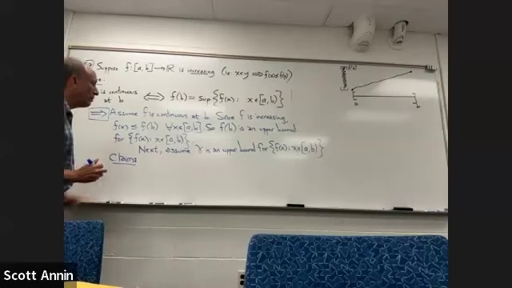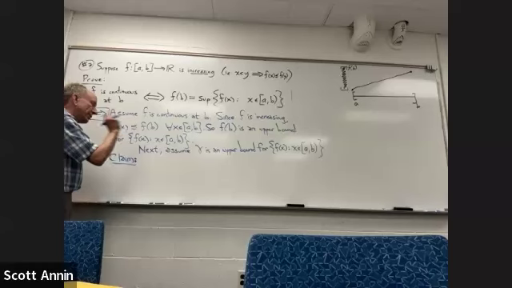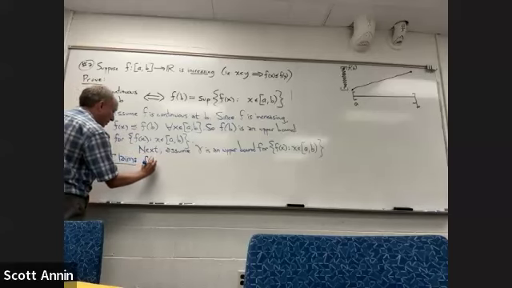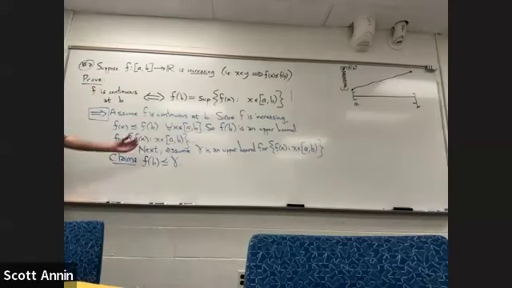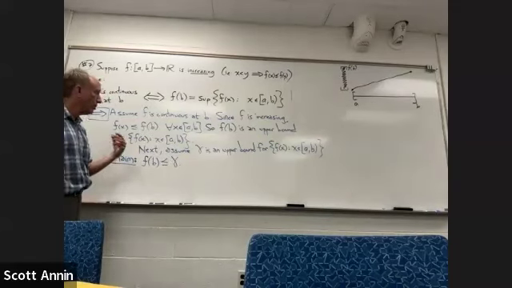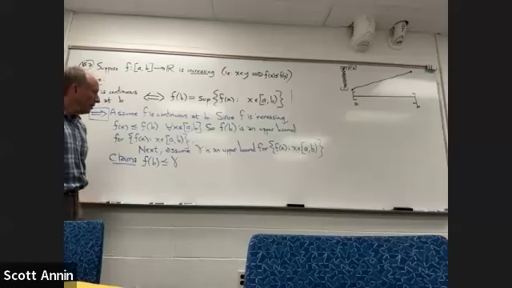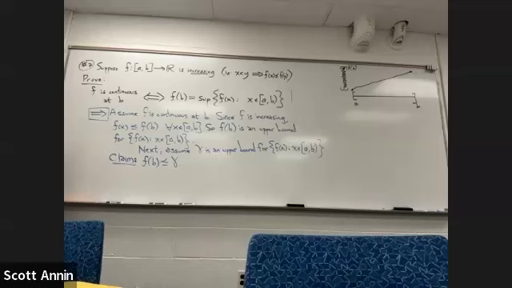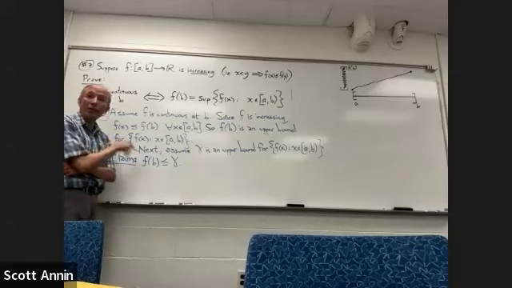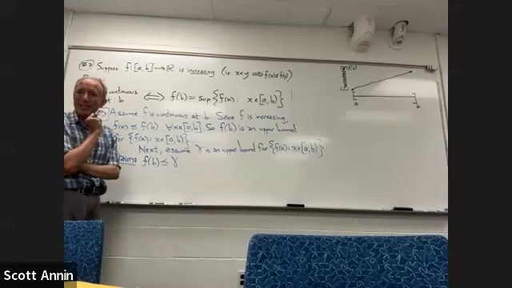So the claim is going to be that f of b is the least upper bound. So that would mean that f of b should be less than or equal to gamma. So if we had some other upper bound for the set, f of b should be less than or equal to it. Well, I am going to approach this by way of contradiction. This is the trick.